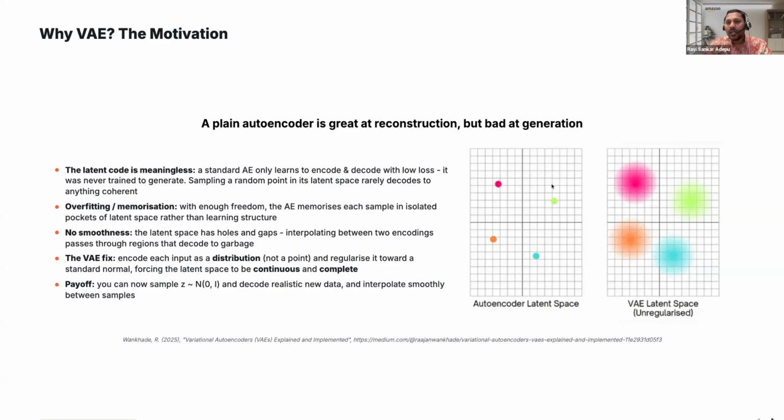Now, its latent space has no structure imposed on it. That's the reason the model tends to scatter training examples into isolated pockets with large empty gaps between them. Let's say this is a cat's image and this is a chair's image, and you want to generate something like a cat sitting on a chair.